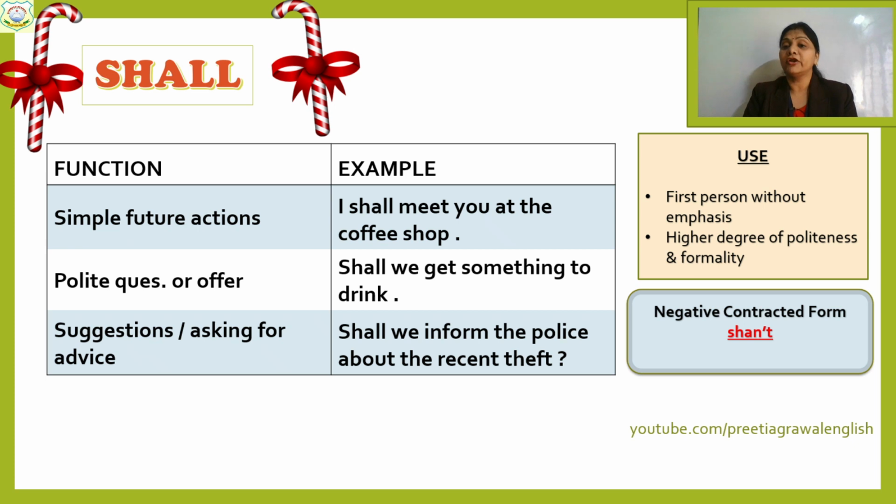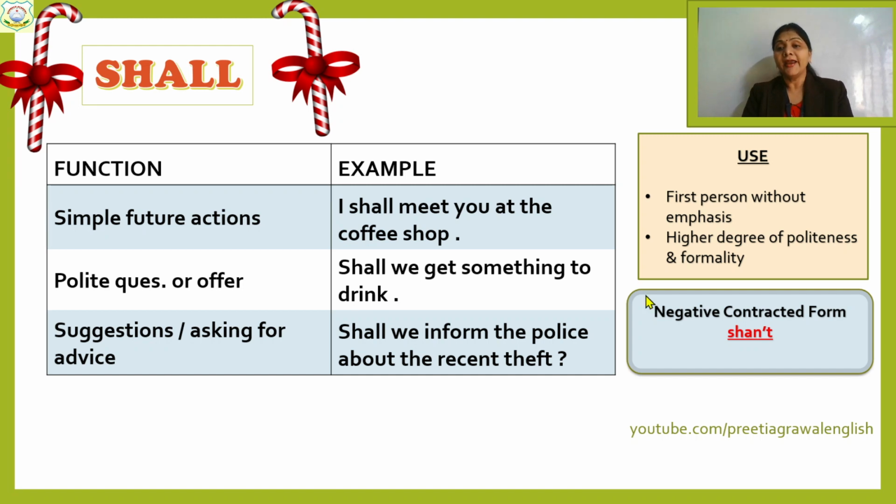Whenever we are not giving any emphasis, meaning we are not forcing something, we can use shall. I shall meet you at the coffee shop. If I write will here, it means that I am forcing, expressing my will that I am very curious to meet. But if I write shall, it means that there is no emphasis.